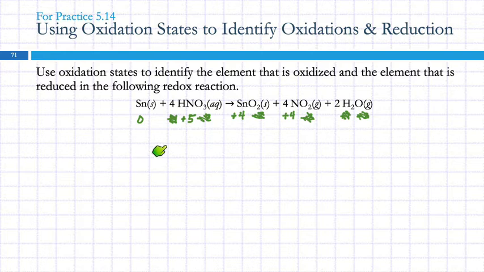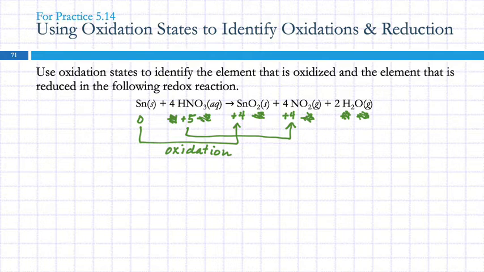Tin is 0, and over here tin is +4. Is that an increase or a decrease? That's an increase, right? An increase in oxidation state. That's an oxidation. And then we've got nitrogen going from +5 to +4. That's going down.